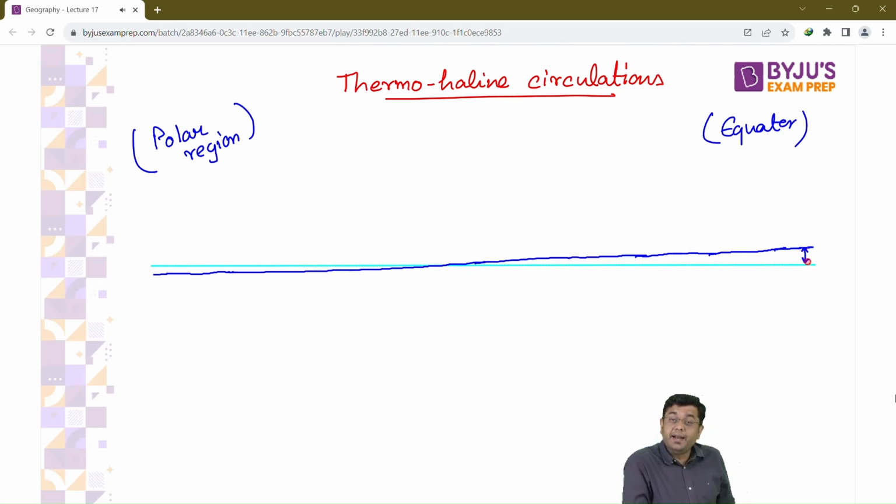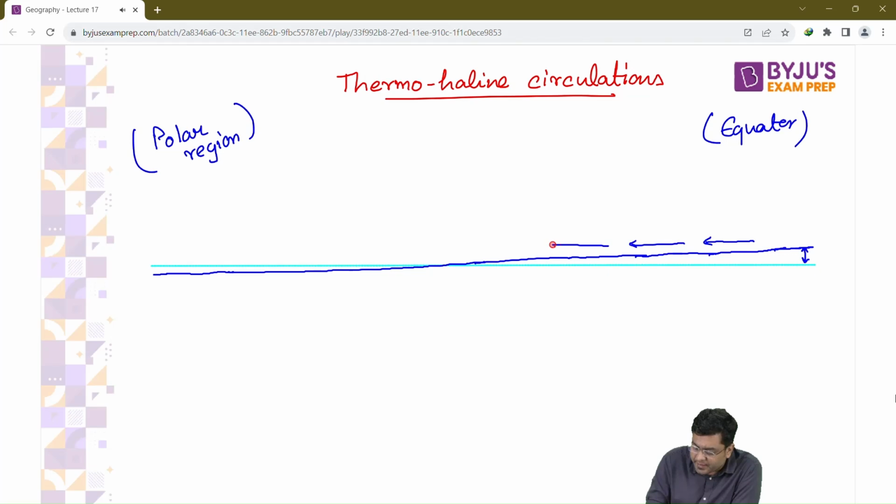So what has this done? This has provided a height gradient. Water always flows from a greater height to a lesser height. Even if that height gradient is little, water will induce a flow. So water here tends to flow from the region of the greater height towards the region of a lesser height.